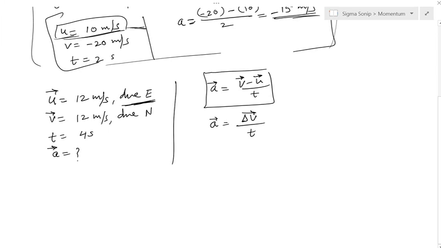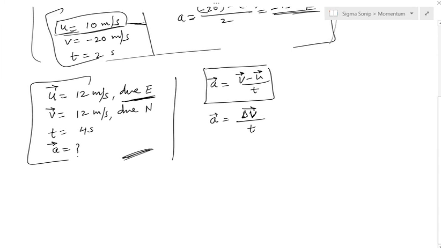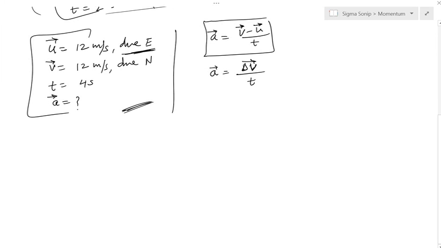Delta v is nothing but the change in velocity, but again that delta v is also a vector. So the first step we need to do is to find the change in velocity. Let me write this equation like this: change in velocity, delta v, equals v minus u. And I can rewrite that as v plus minus u.